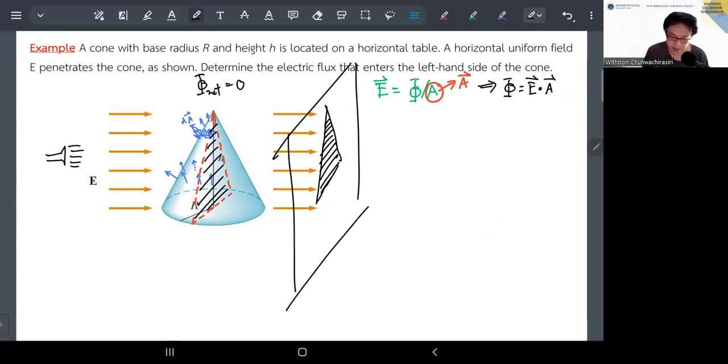So what I want is the flux on the left-hand side of the cone, which is E dot A. I would have to do some calculus here because the A is not pointing in the same direction anymore. But what you know right now is E times A perp. So we get back to the original description: electric field multiplied by the area that is perpendicular to the field, which is the projected area.